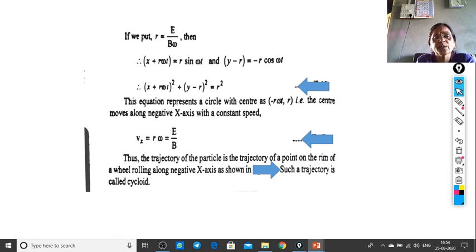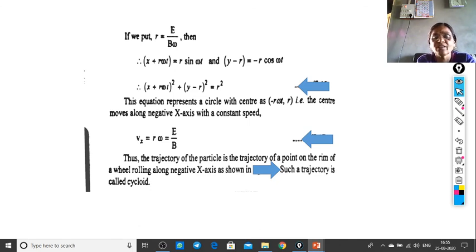Therefore, (x plus r omega t) squared plus (y minus r) squared equal to r squared. Again, this equation represents a circle with center at minus r omega t and r, that is, the center moves along the negative x-axis with a constant speed. Hence, Vx equal to r omega equal to E upon B.